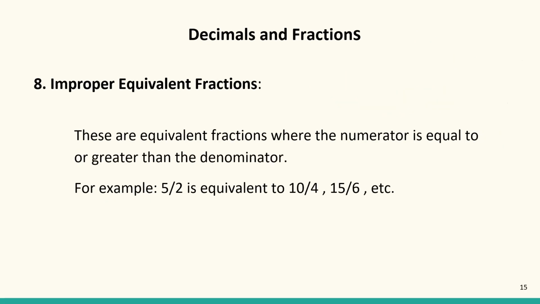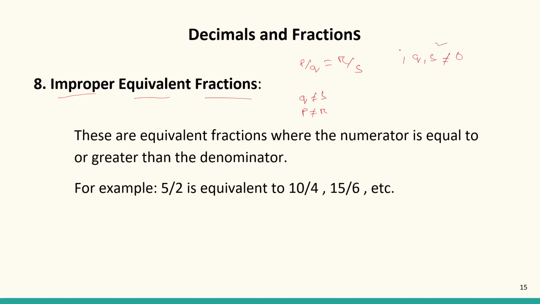Let's see the next kind, called improper equivalent fractions. These are equivalent fractions where the numerator is equal to or greater than the denominator. So we have P by Q equal to R by S, Q is not equal to S, P is not equal to R, and Q and S are not equal to 0.